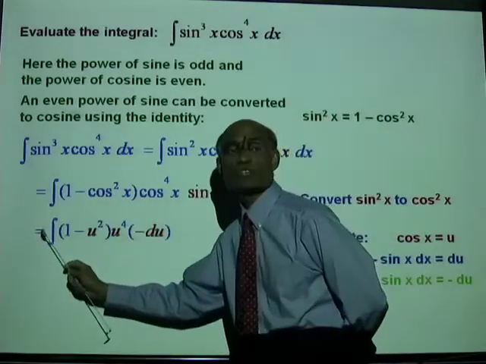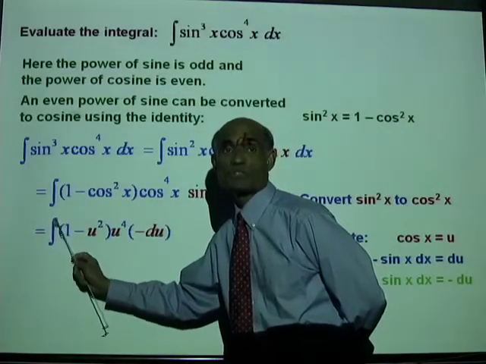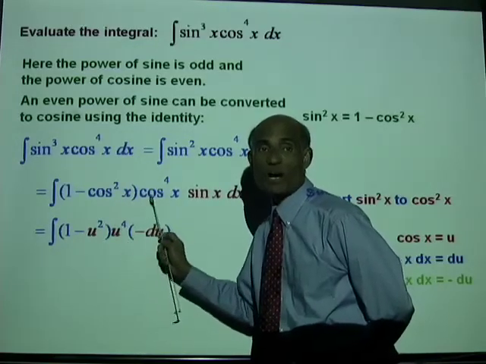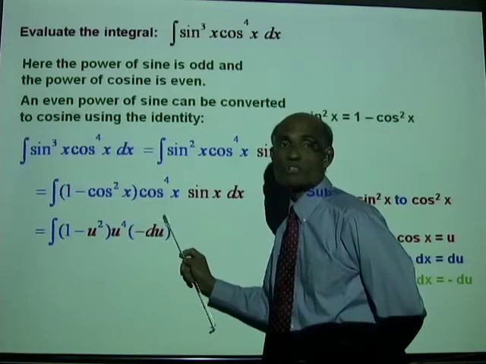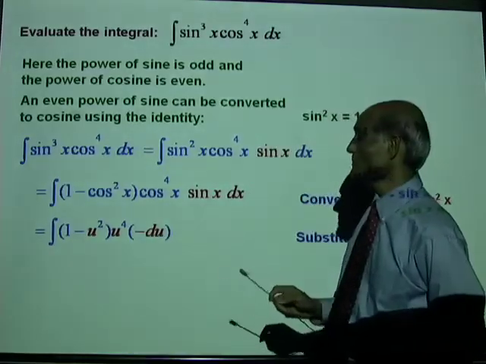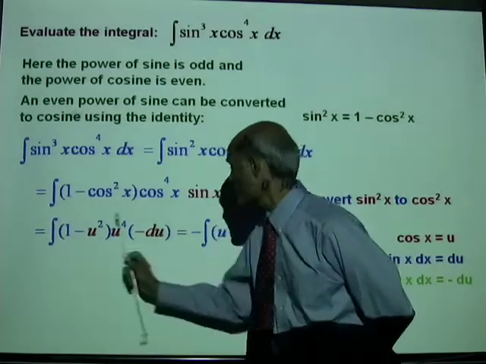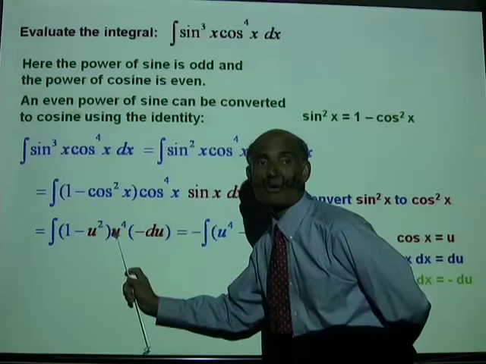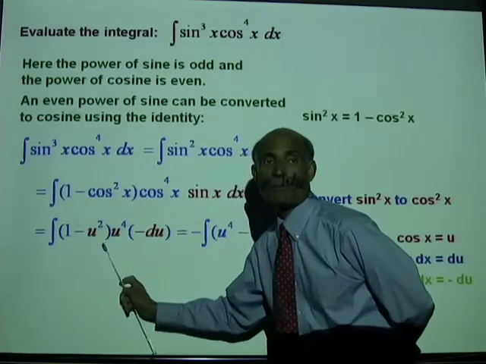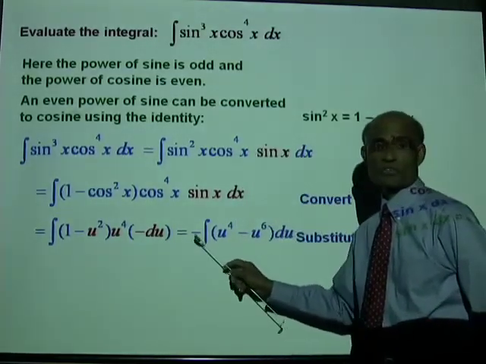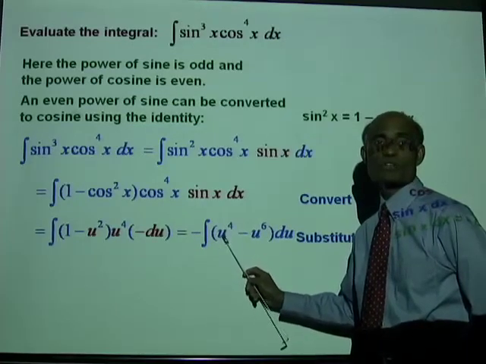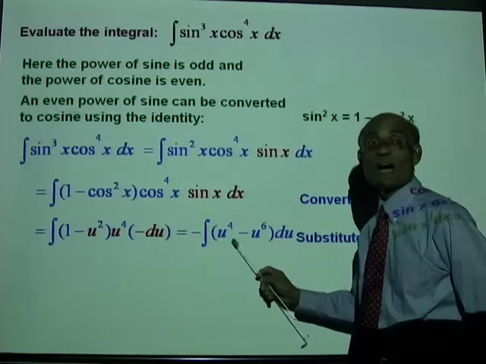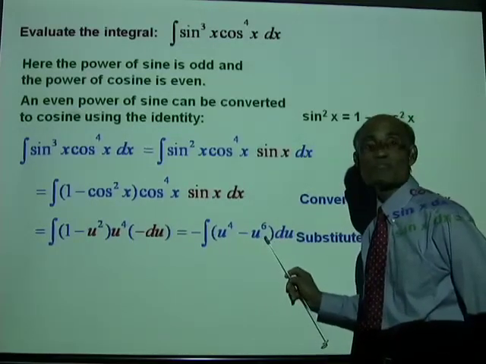So look at the way this integral is transformed. It's equal to 1 minus u squared, cos x equal to u, times u to the power of 4 times negative du. And this negative, we can take it out and distribute this u to the power of 4. It will be u to the power of 4 minus u to the power of 6. So negative integral u to the power of 4 minus u to the power of 6 du, and that is something that can be integrated very easily.